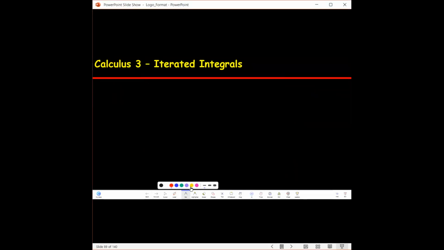Let's look at another problem. Same thing, we need to find the area under the curve. Area under the curve or area of the region is pretty much the same thing. This time the graph is going like this.